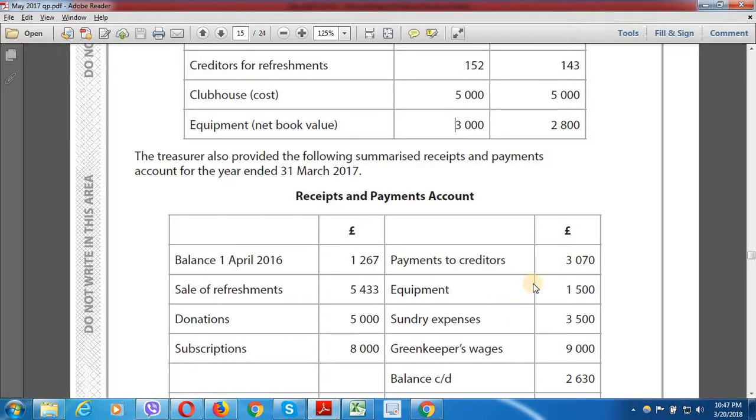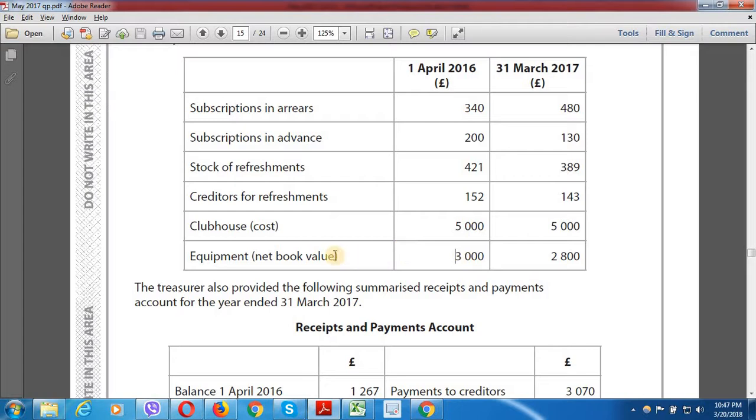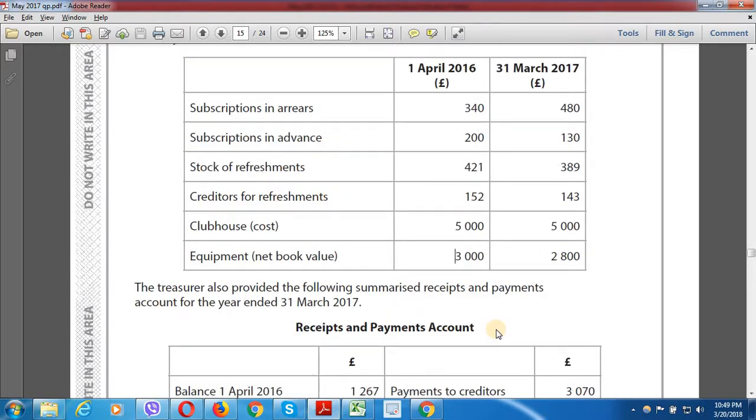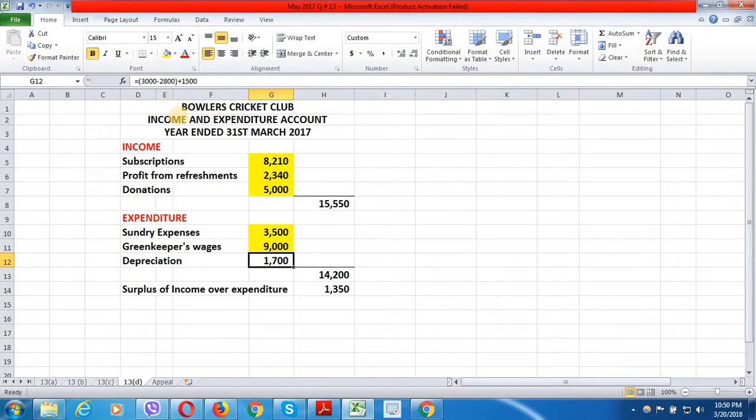Even after purchasing new equipment during this year, the closing balance of equipment net book value has not increased. It means that the new equipment which was purchased during this year was fully depreciated. I am assuming this because if the new equipment would not have fully depreciated, the closing balance of equipment would have been much more than it is showing now.